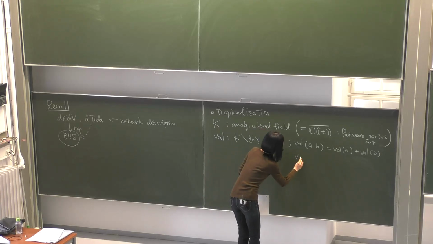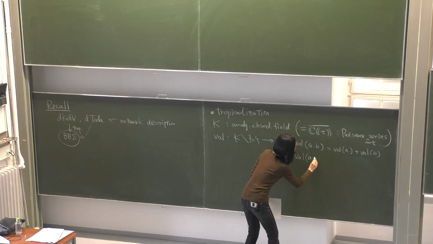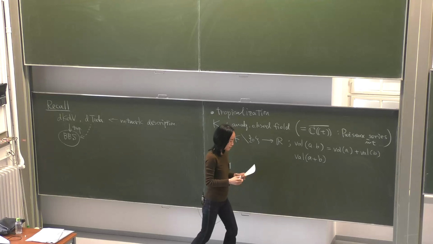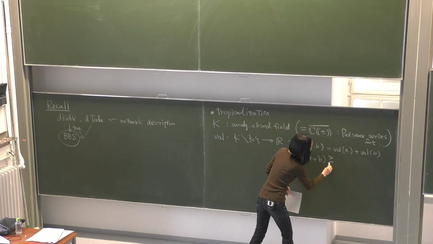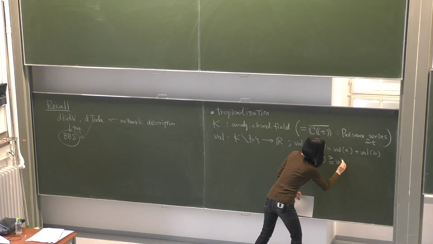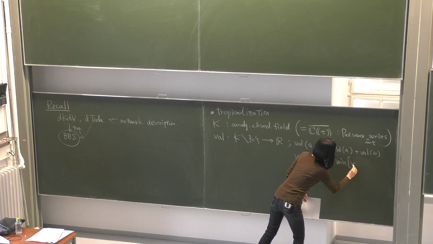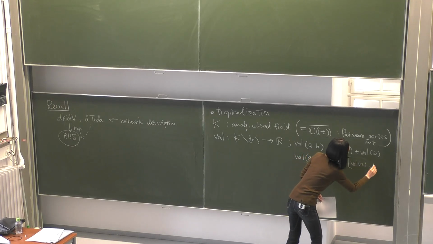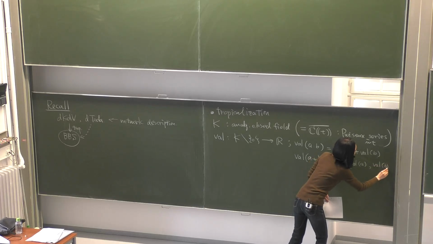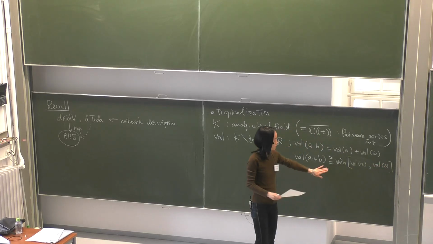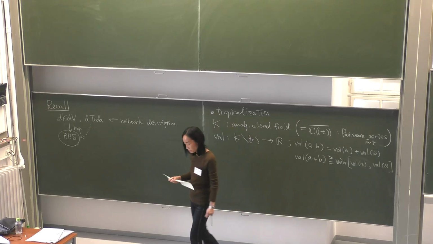The next one is important: the valuation of A plus B is greater than or equal to the minimum of the valuation of A and the valuation of B. So there is an inequality here.